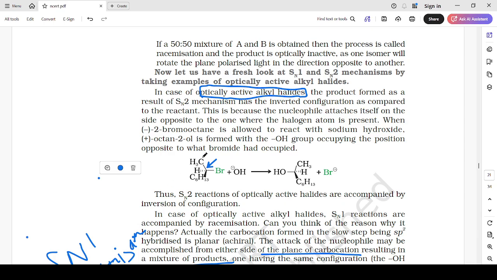The product formed as a result of the SN2 mechanism has an inverted configuration as compared to the reactant. This is because the nucleophile attaches itself on the opposite side to where the halogen atom is present. So when I have the minus form, that means the levorotatory form of 2-bromo-octane, made to react with sodium hydroxide, you can see only one type is formed, the D form. Positive form is formed. Do you understand?